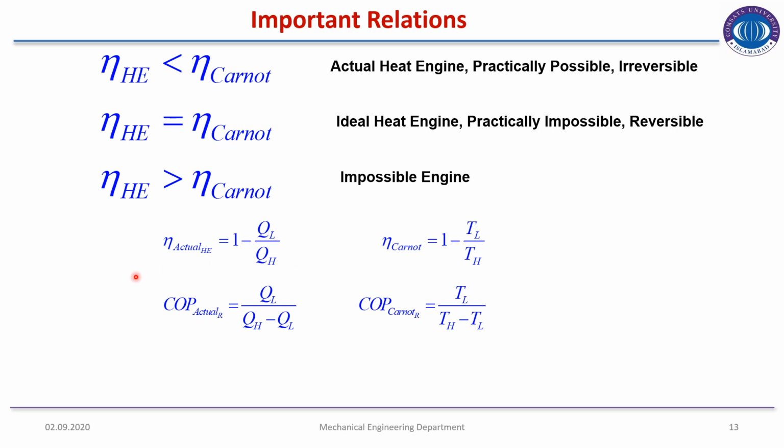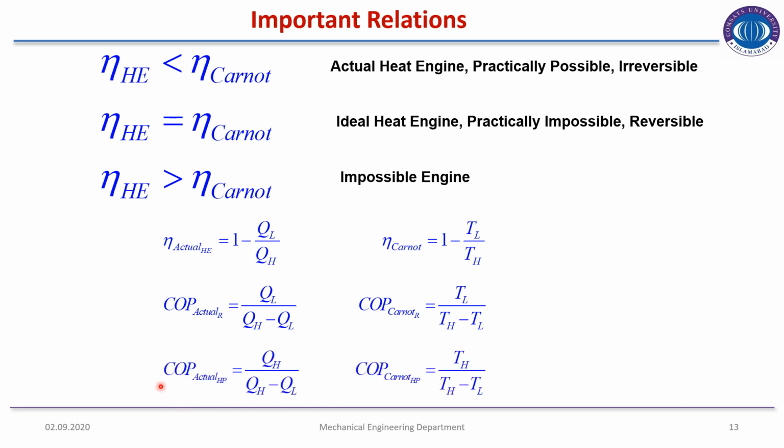If we are calculating the coefficient of performance of any actual refrigerator, then the formula is QL divided by QH minus QL. And if we are calculating the coefficient of performance of the Carnot refrigeration cycle, then the formula is TL divided by TH minus TL.